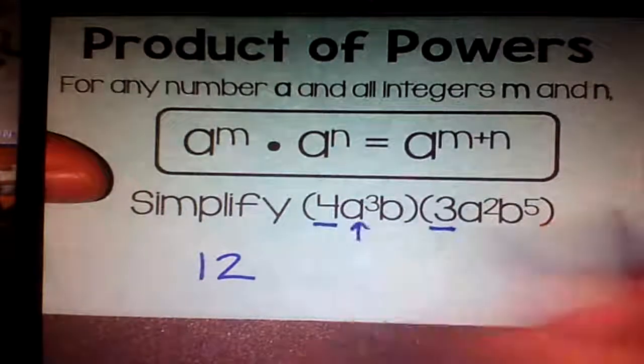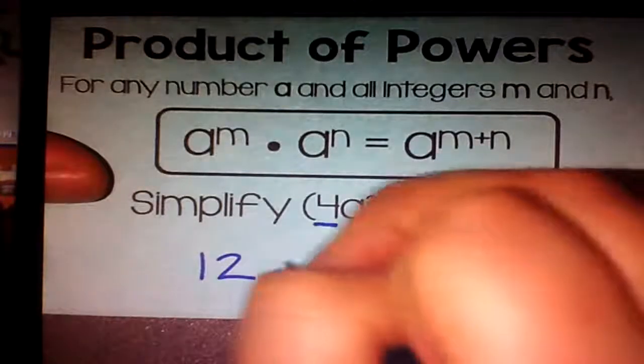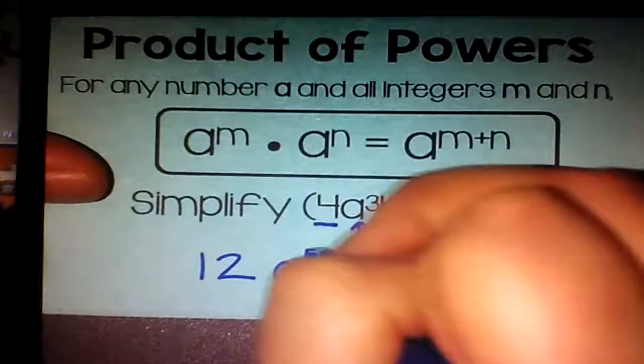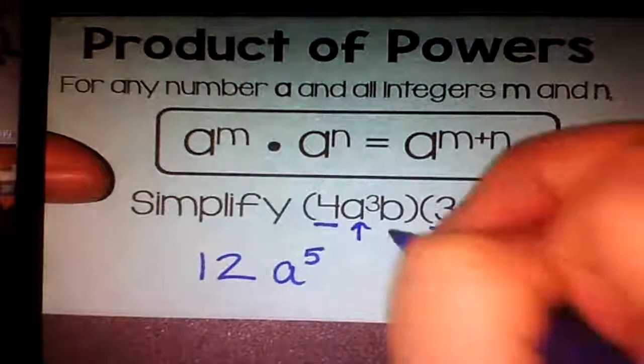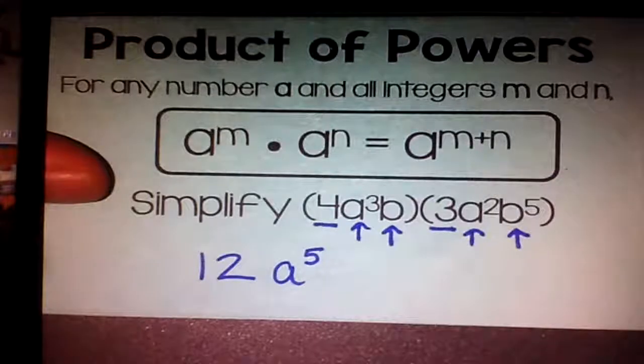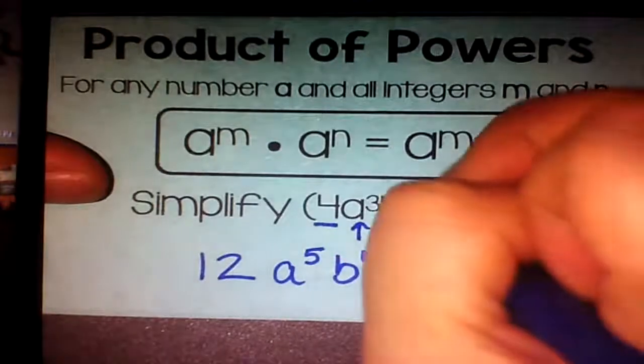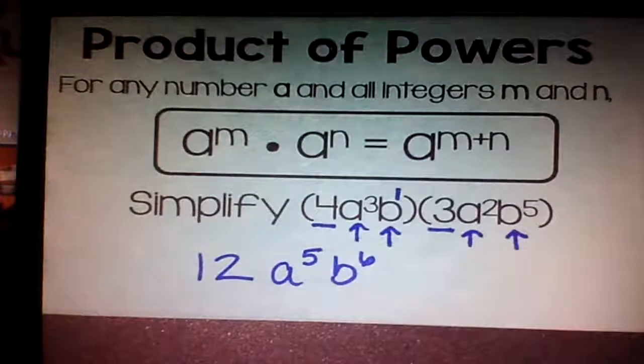A cubed times a squared is a raised to the 5th. Then b times b to the 5th. Don't forget, this is b to the 1st. So you have 1 b and 5 b's.